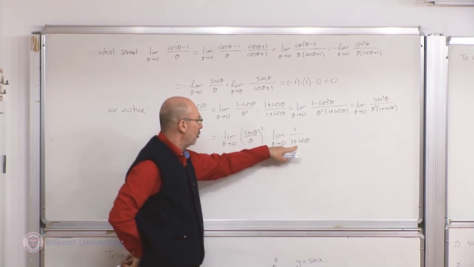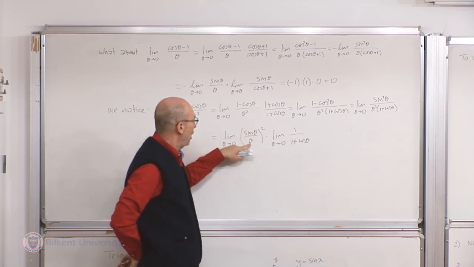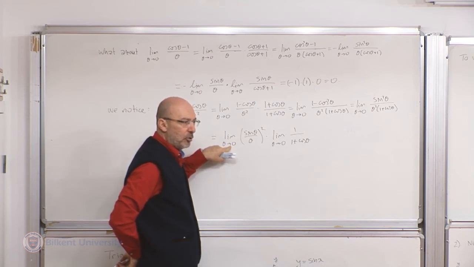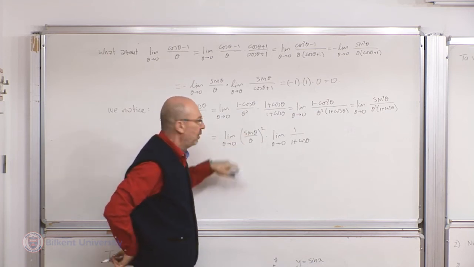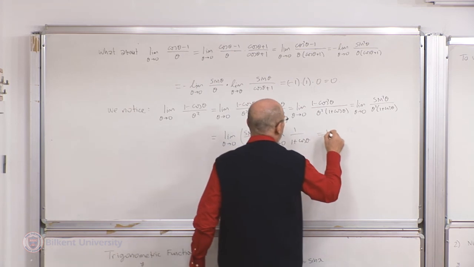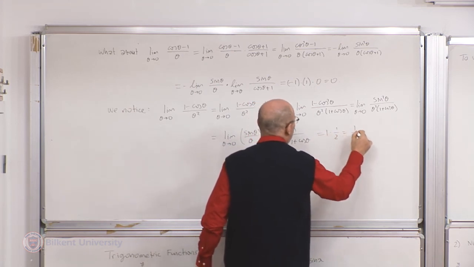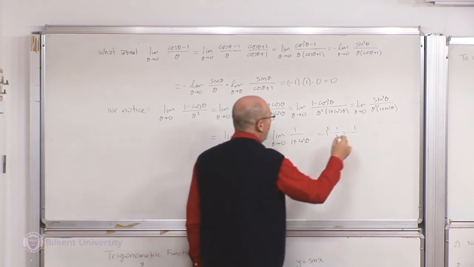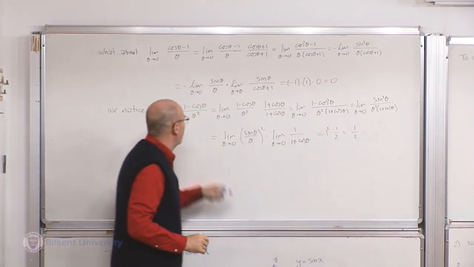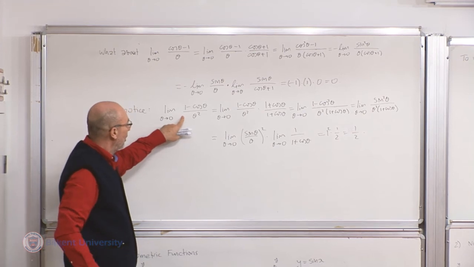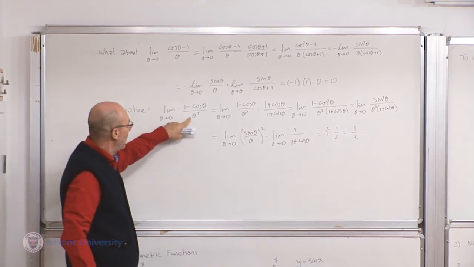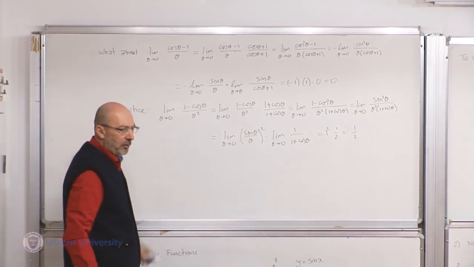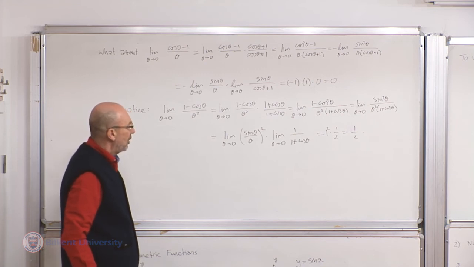And sine theta over theta goes to 1 as theta goes to 0, so its square goes to 1. So this is equal to 1 times 1 over 2. So the limit is 1 over 2. Even though you are dividing by the square of theta, it still gives you 1 over 2.